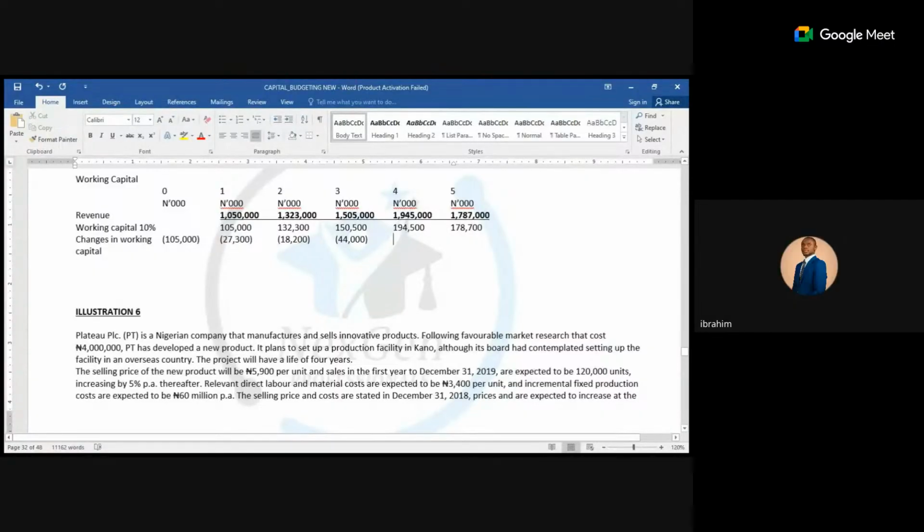So what do we have? What is the decrease? 15,800. It will not be in brackets, right? It will become an inflow, right? So next, 15,800. Now, class, look at it.